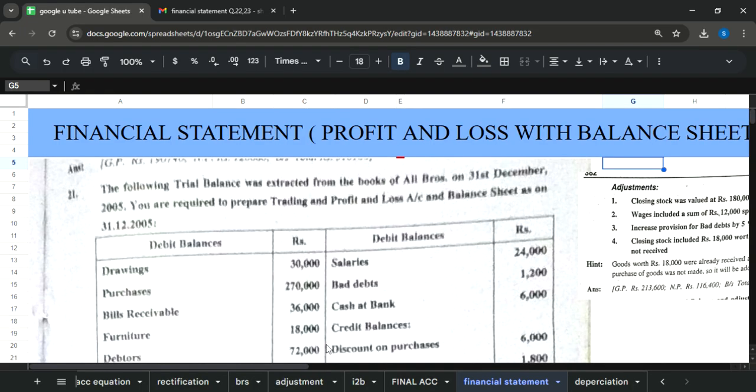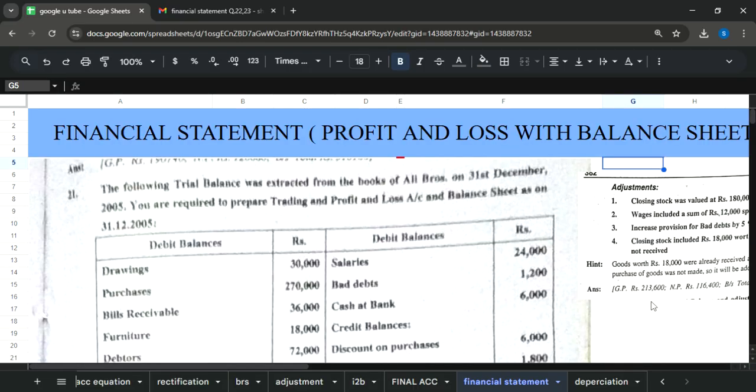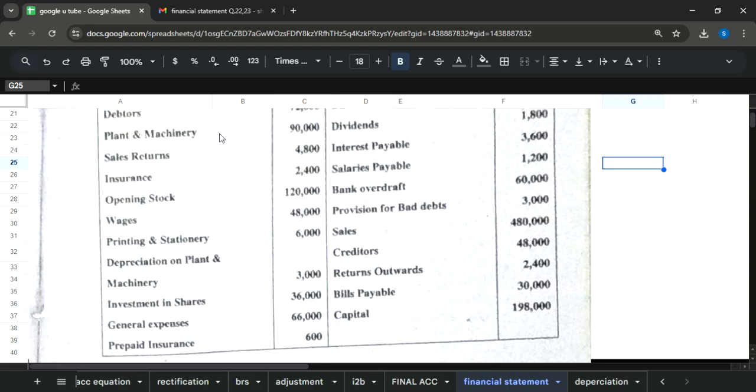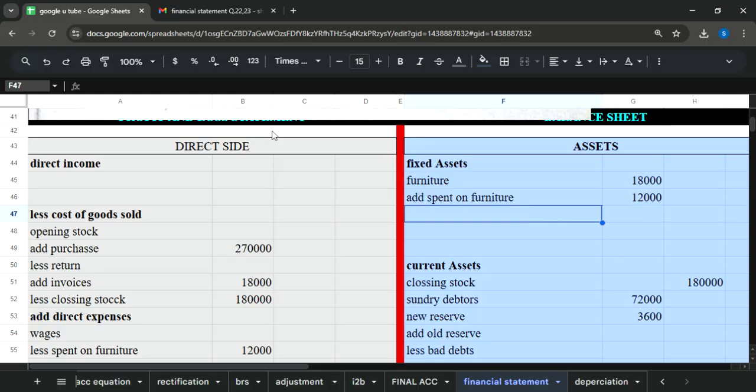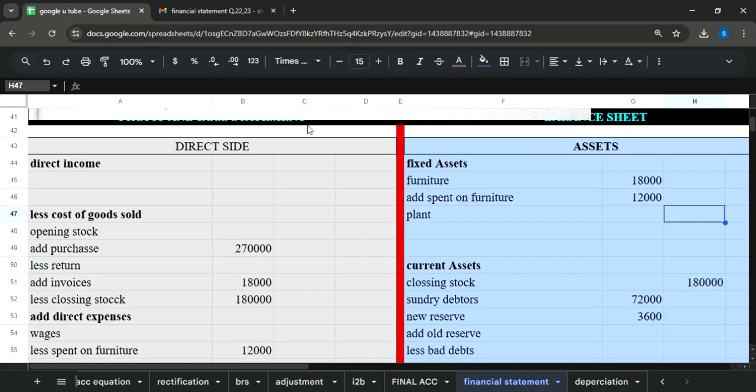Then we have debtors 72,000. I think we have already written. Look here, 72,000 of debtors. After debtors, we have plant. Plant is your fixed asset. So mention over here, the amount of plant is 90,000.